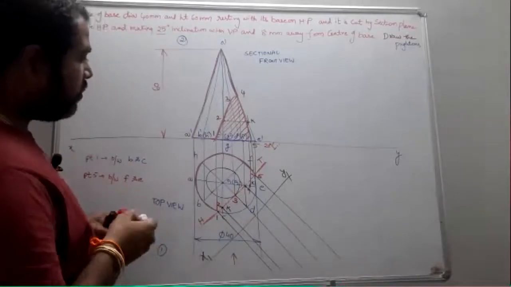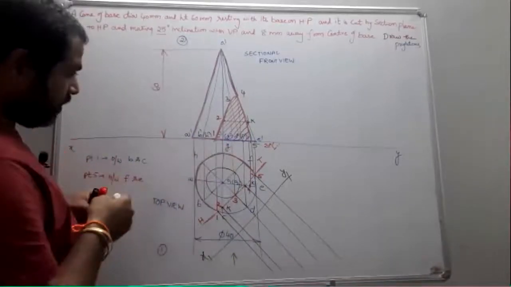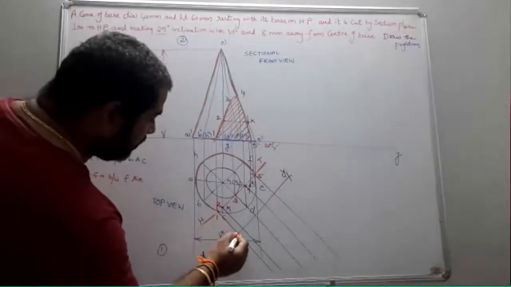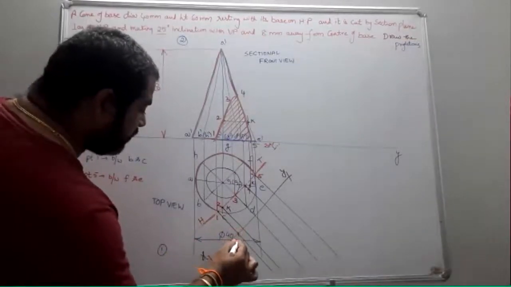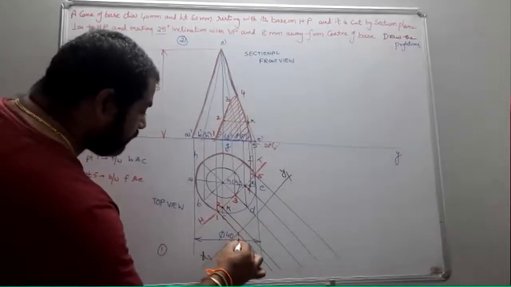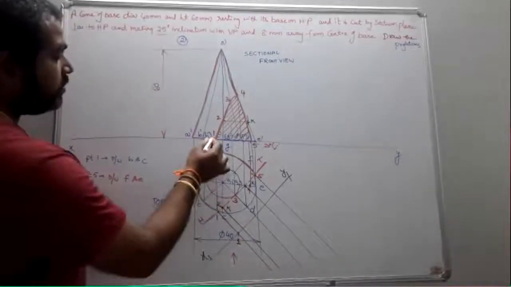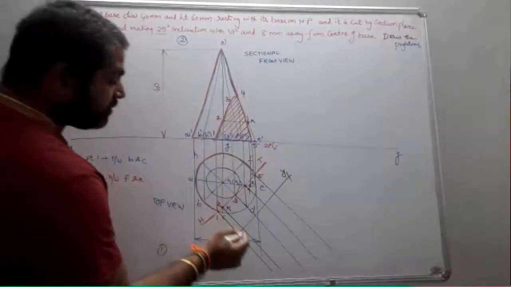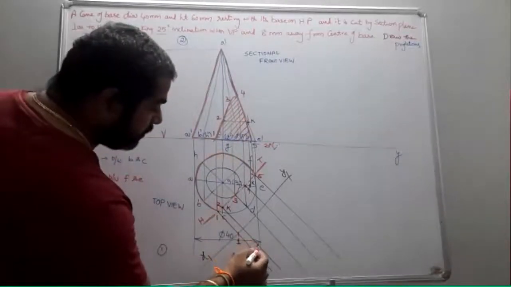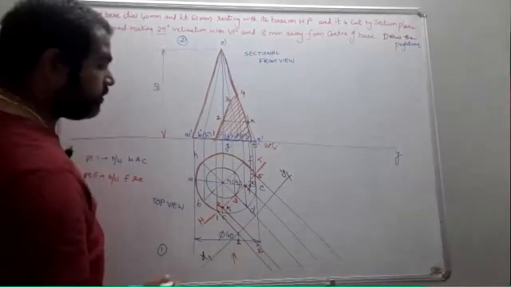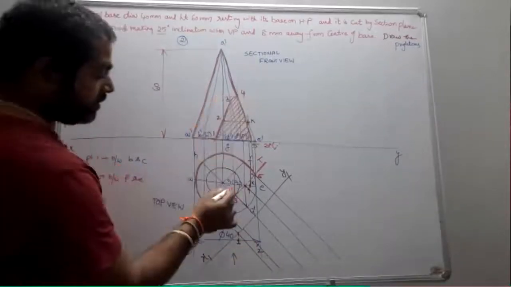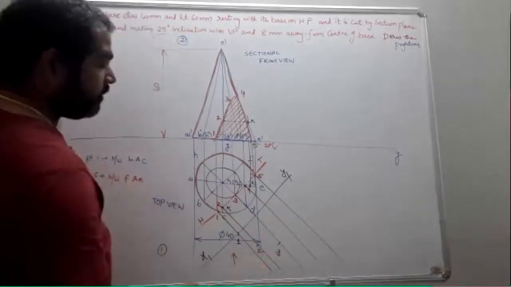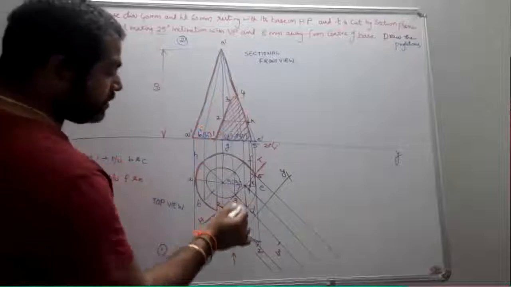Now let us see, one point is already on xy. So here is one projector. So this becomes your point 1. Next, point 2 is somewhere at this distance from here. So this becomes your point 2. Next, point 3 is somewhere here. This becomes your 3. Next, 4.